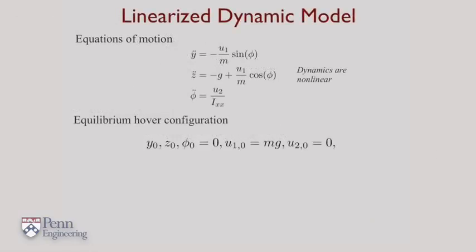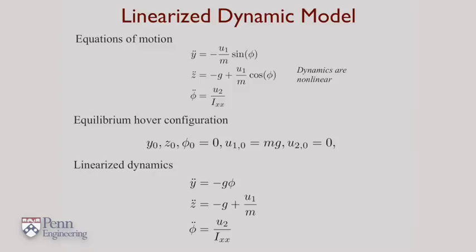Next, we'll pursue a linearization of this nonlinear model. We'll call this the linearized dynamic model. We do this by recognizing that sine of phi and cosine of phi are the two principal sources of nonlinearity, and we ask how these nonlinear functions behave in close proximity to the hover configuration.